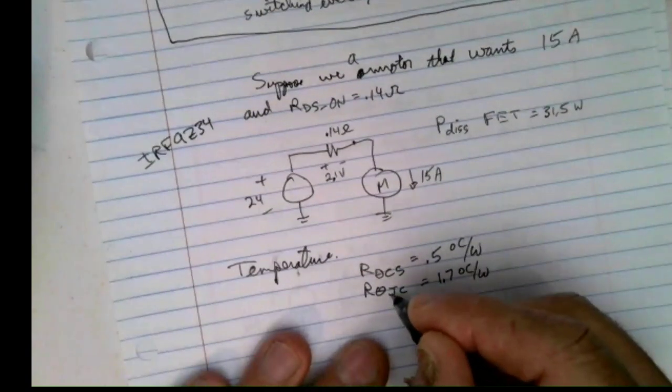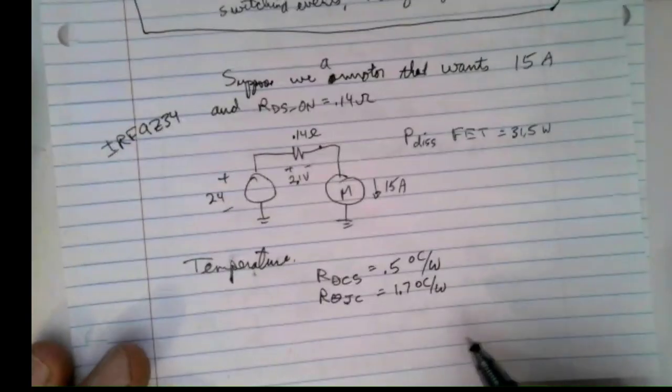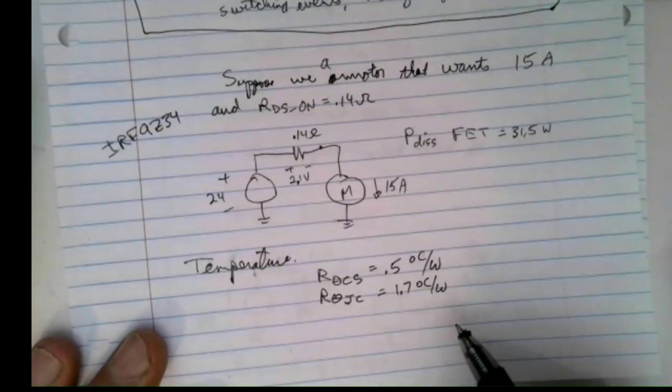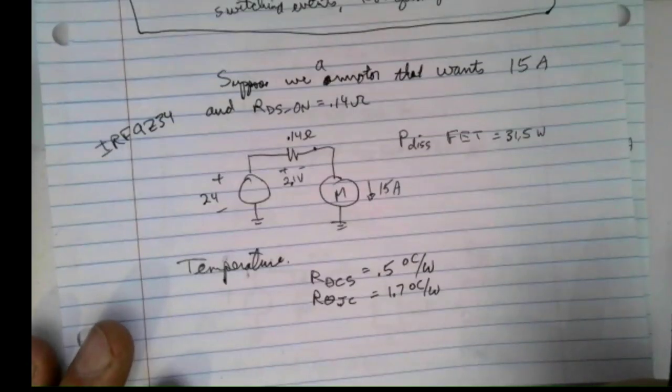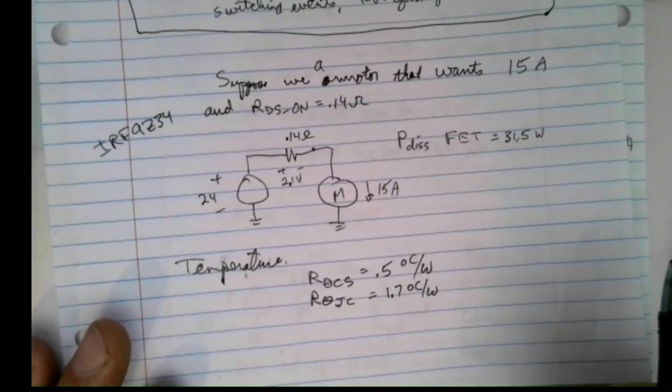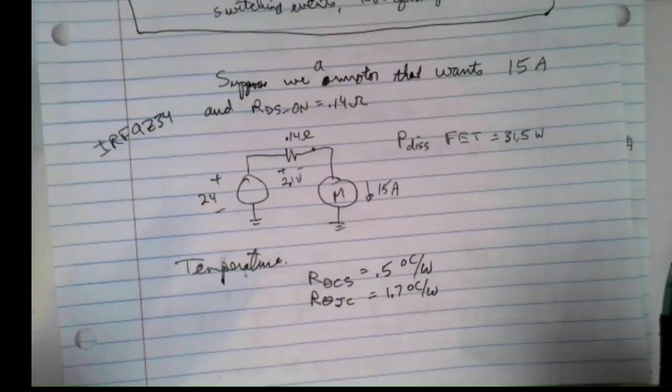This is a little bit like electrical stuff. They like to treat heat like it's an electrical thing and talk about resistances. Obviously, the more resistance you have, the more drop you get at a given current.